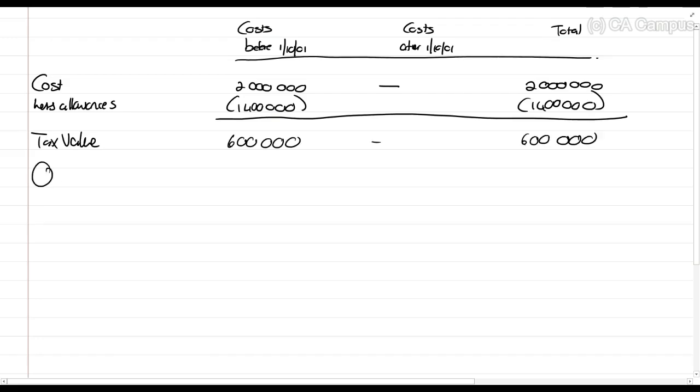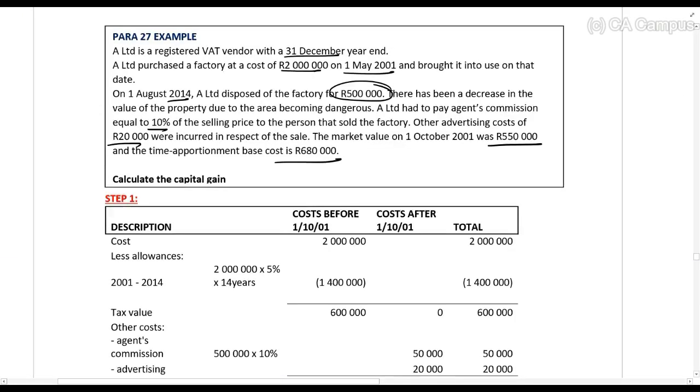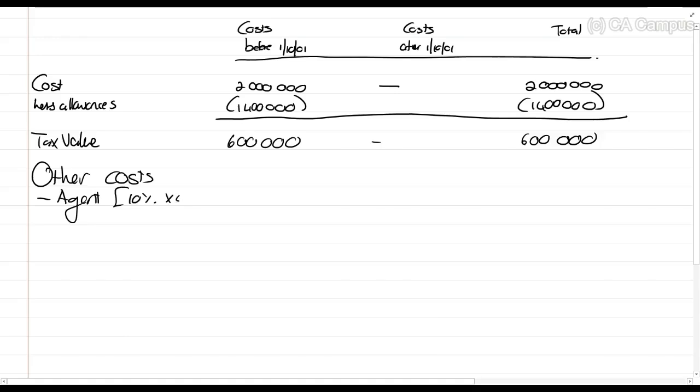Then we say, other costs. There's agent's commission, 10% times the selling price. How much was it sold for? 500,000 rands, so 50,000. And other advertising costs were incurred, 20,000.